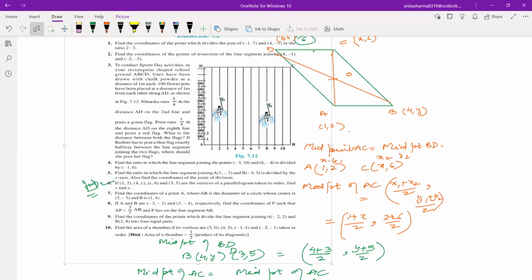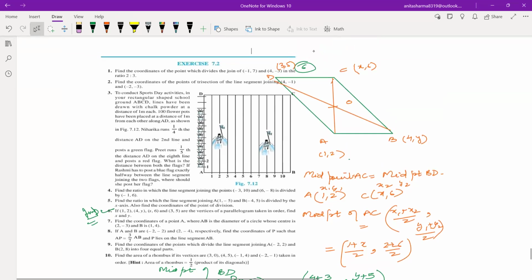Dharya, Rizwana, Sumuk, understood, beta? Yes, ma'am. Aman, can you scroll even more? Scroll up or down? Up, ma'am. A little bit up. I just want to see.